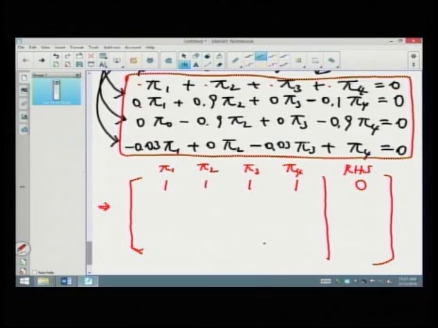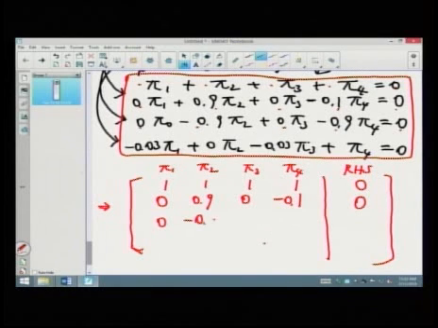Next, I have 0, 0.9, 0, negative 0.1, and then 0. Then 0, negative 0.9, 0, negative 0.9, and then 0.